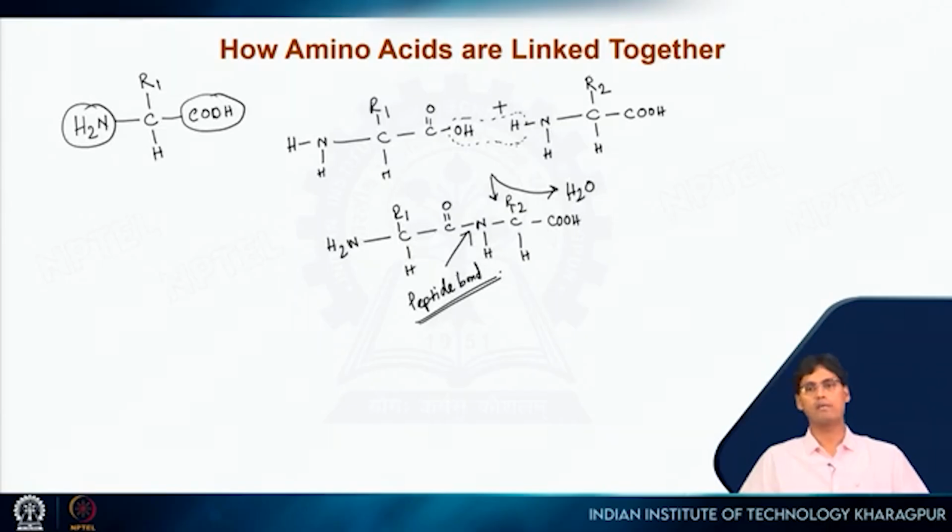20 different types of amino acids naturally present in our body get attached and make a specific type of protein molecule. Now, one important thing: making a peptide bond chemically in the lab is not a very simple job. Chemically, if we need to make a peptide bond, we need multiple organic solvents and also a much higher temperature compared to our body temperature.